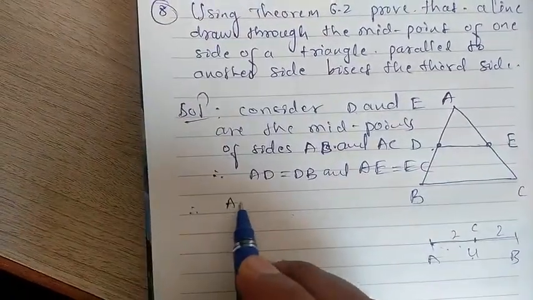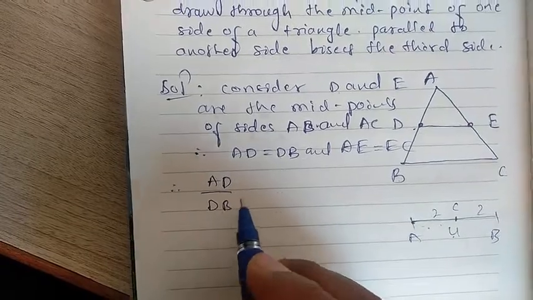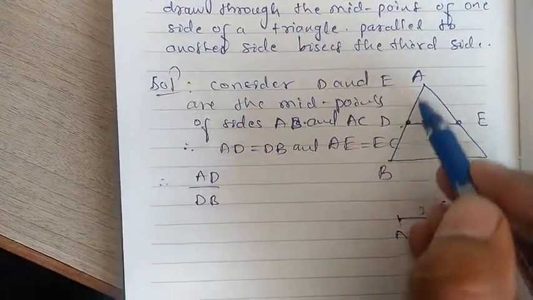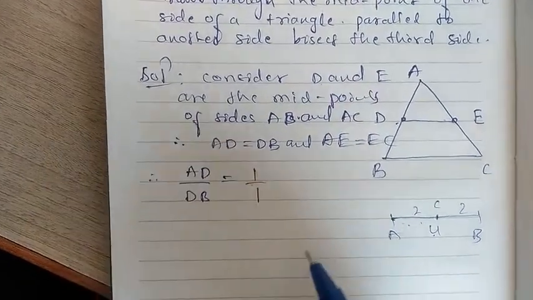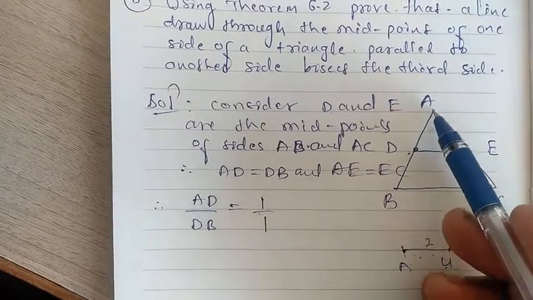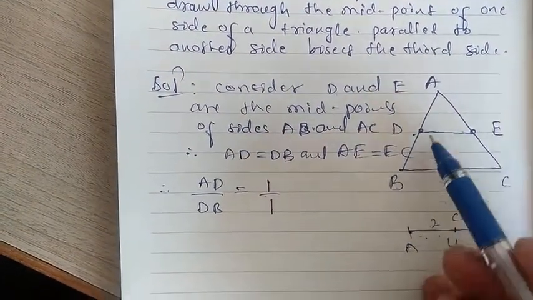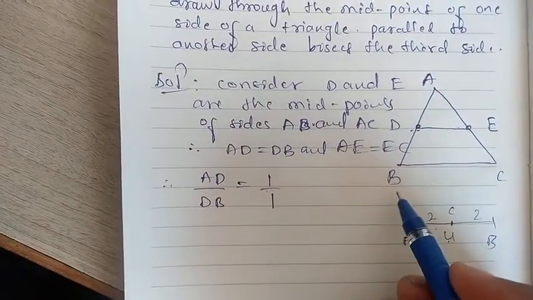Therefore AD divided by DB, correct? Because D is the midpoint of AB, we can write 1 by 1, or 2 by 2, or 4 by 4, because AD is equal to DB. I hope you understood, children.